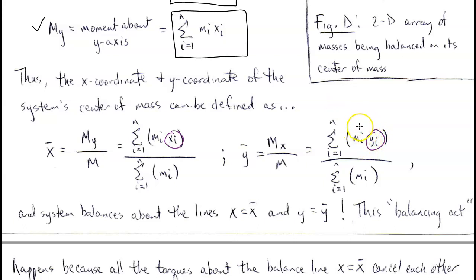We were talking about a particular mass at a particular location on the plate, and this x sub i is a particular distance x from the origin, and this y sub i is a particular distance y from the origin. All we're doing now is replacing the x sub i and the y sub i with the particular point x tilde, y tilde.